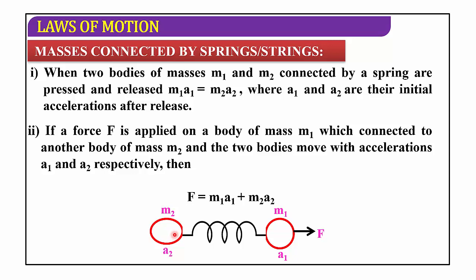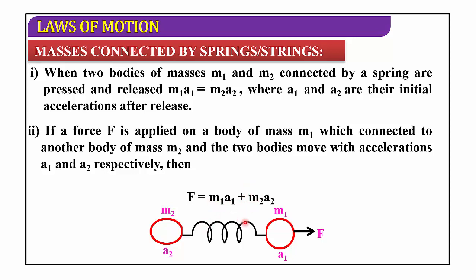When we compress and when we expand, action and reaction will be equal. So we can write M1A1 equal to M2A2, or the total force you can write M1A1 plus M2A2.